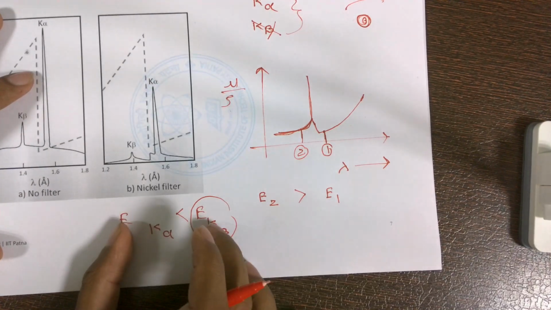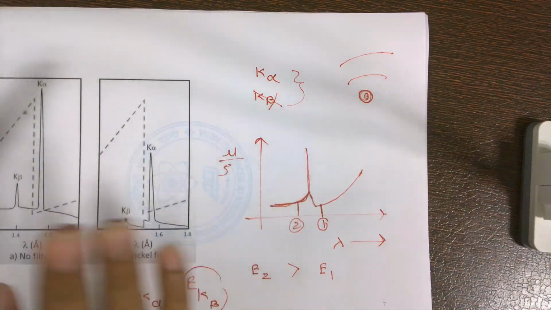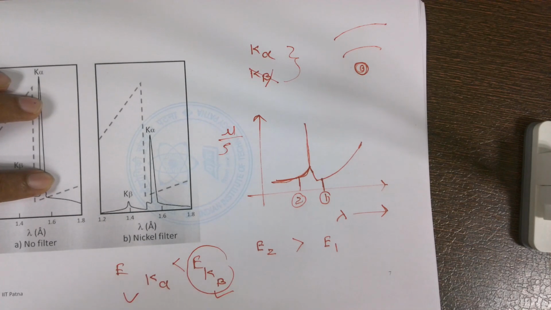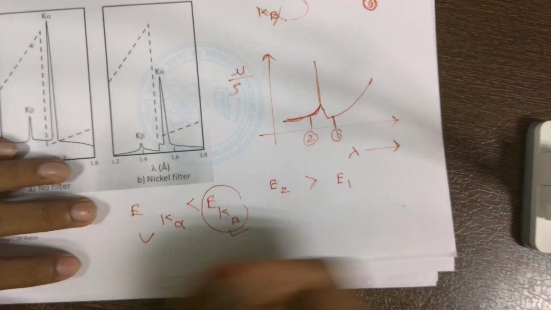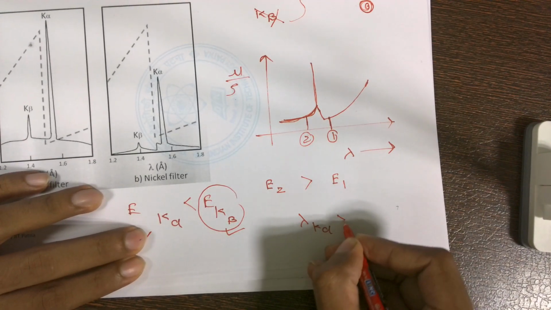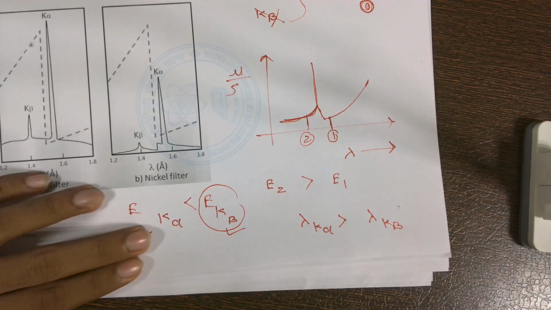Now I will try to place this. We had the material, we did the X-ray, and we got an X-ray having K alpha and K beta, and I found that they were having different energies. So correspondingly, as you have said, lambda of K alpha will be more than lambda of K beta, right?